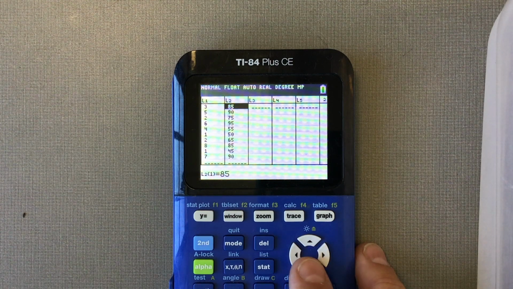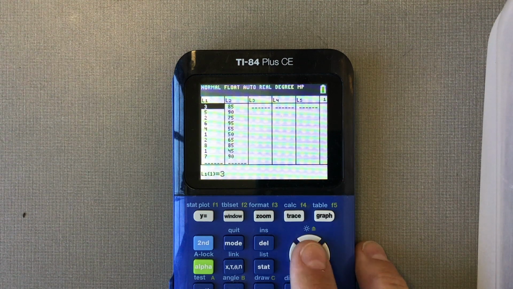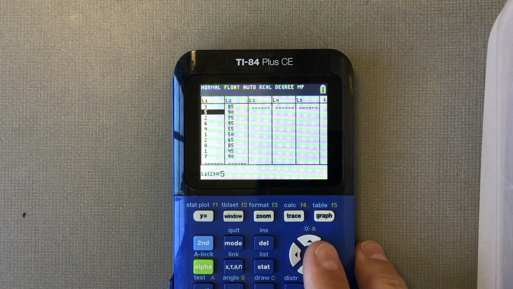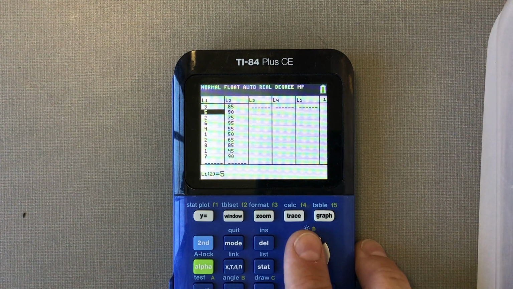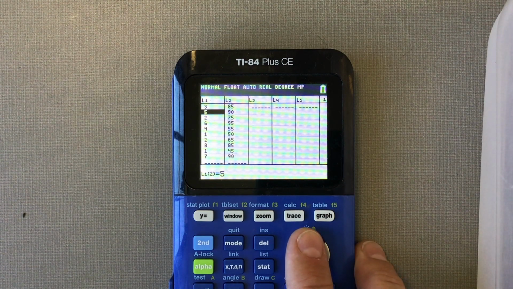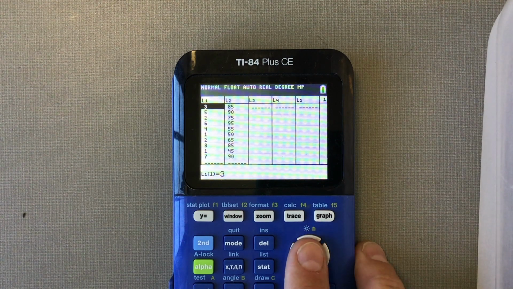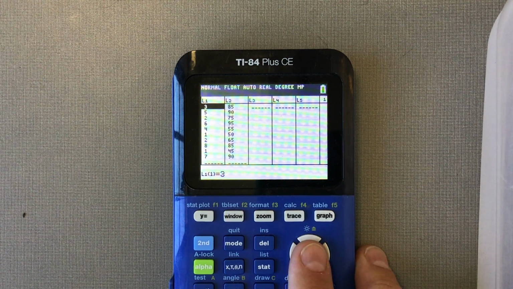Then I put all of the test scores into list 2 in that exact same order, making sure I'm pairing together the exact points that are there, 5 to 90, 2 to 75, not mixing up the order. That will definitely result in you getting a different scatter plot and maybe seeing a completely different thing than we're about to see.